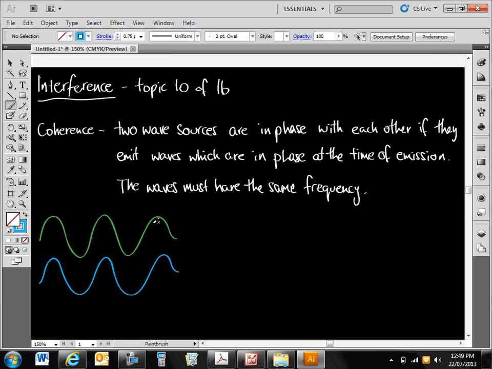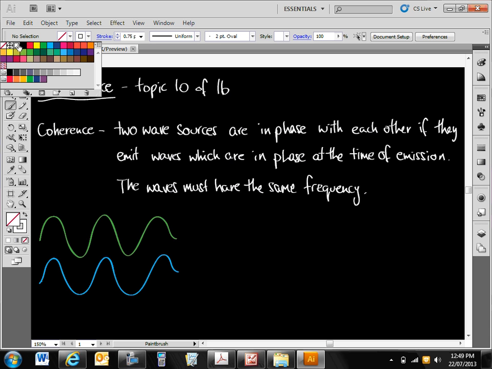These two waves are in phase. Notice that I can't talk about a wave being in phase with nothing at all. You can't have just one wave in phase with something. It has to be two waves.